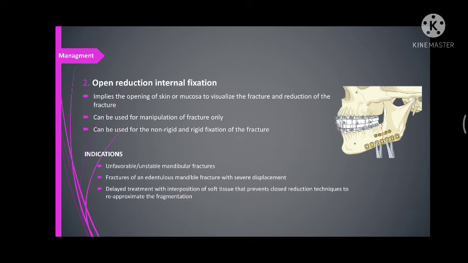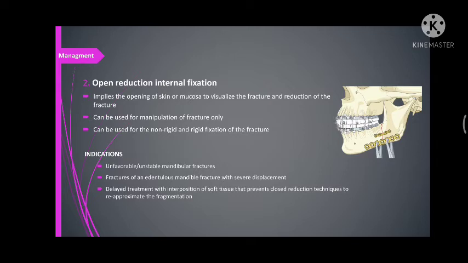Open reduction internal fixation, the second management we use in mandibular fracture, implies the opening of skin or mucosa to visualize the fracture and reduce the fracture. It can be used for manipulation of the fracture only, or for non-rigid and rigid fixation of the fracture.